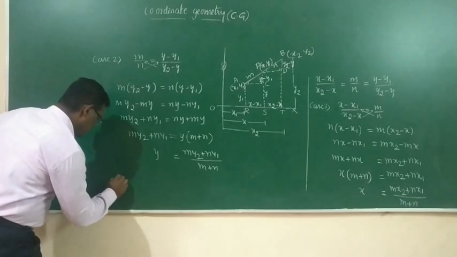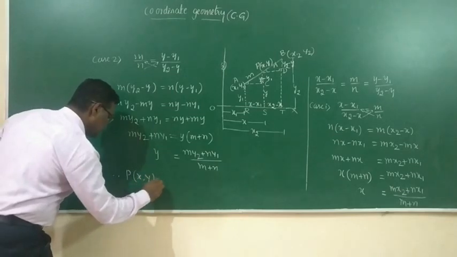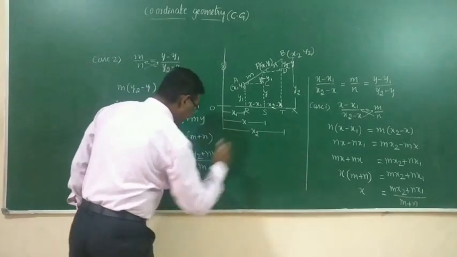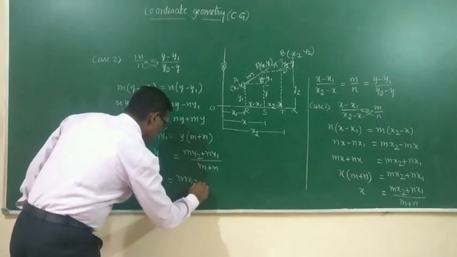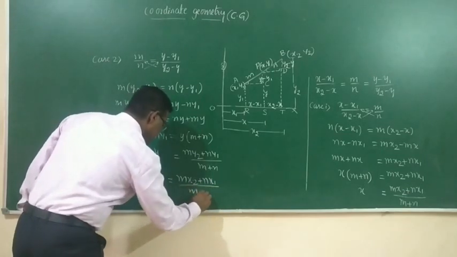So we mention here, therefore, P of x comma y equals: the x value is mx2 plus nx1 by m plus n.